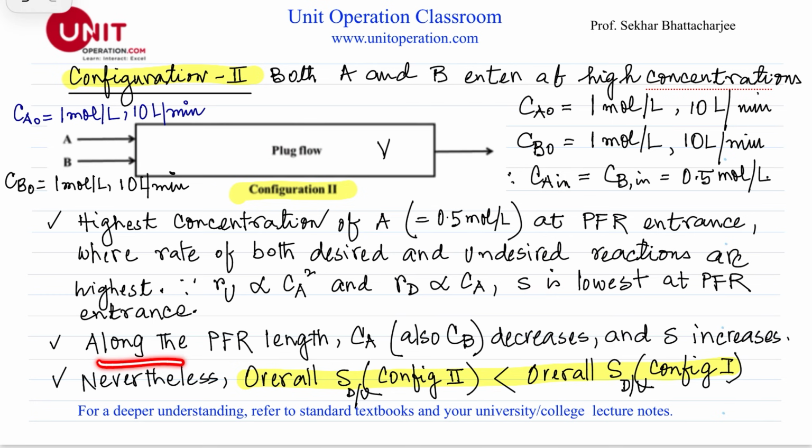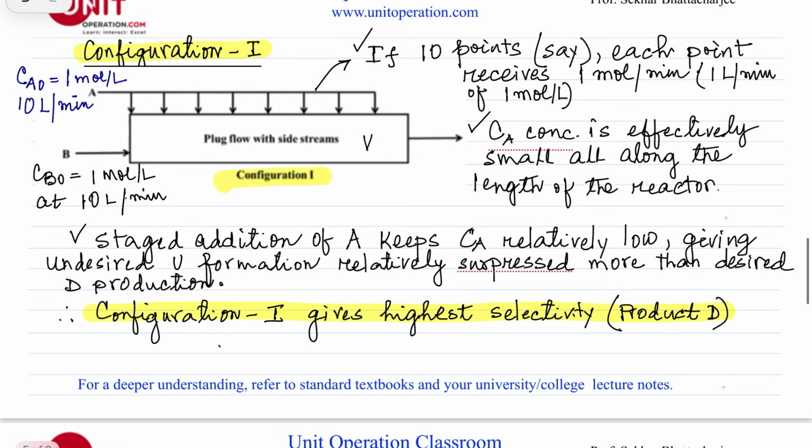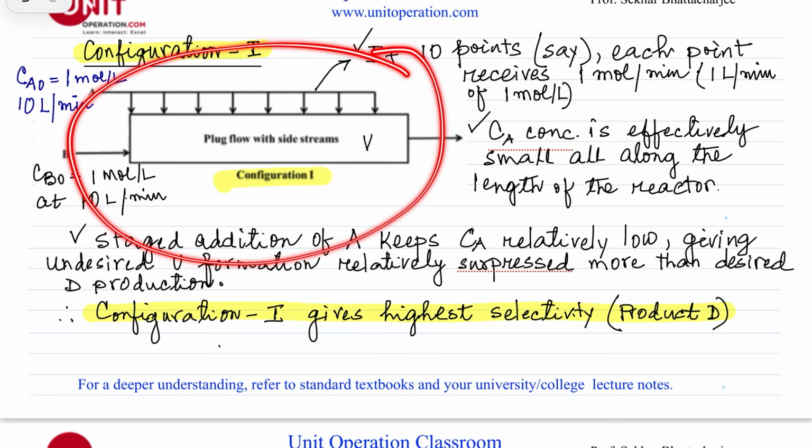Along the PFR length, CA and CB decrease and S increases. Nevertheless, the overall selectivity in configuration 2 is less than the overall selectivity in configuration 1. So between configuration 1 and 2, configuration 1 has higher selectivity.